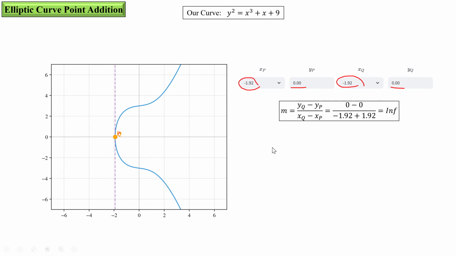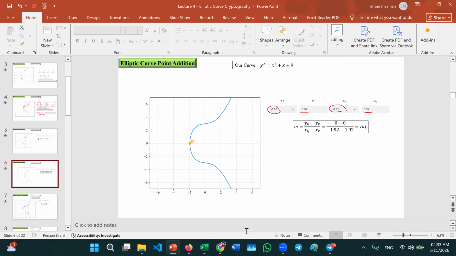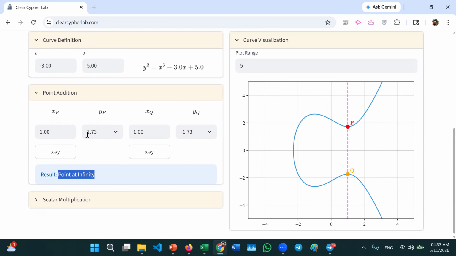So let's see this situation on the website. Here you want to pick the value of y. I'm going to find the point here. I don't know the exact value of x, but I know the value of y here equals 0, right?